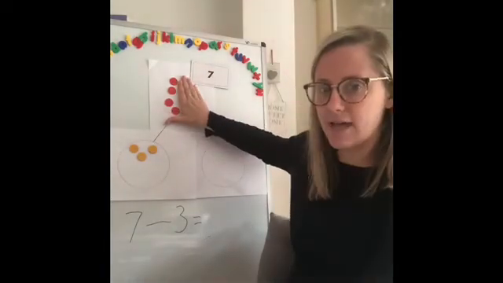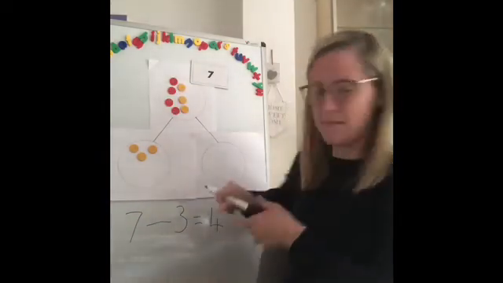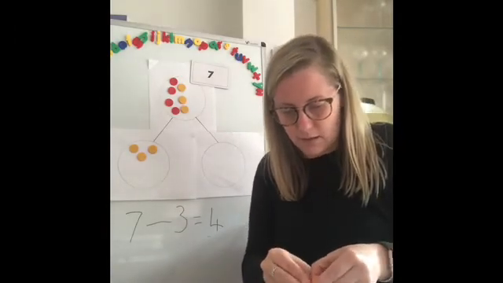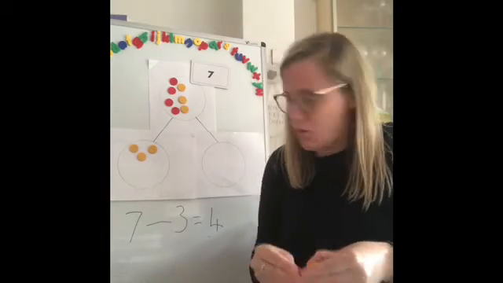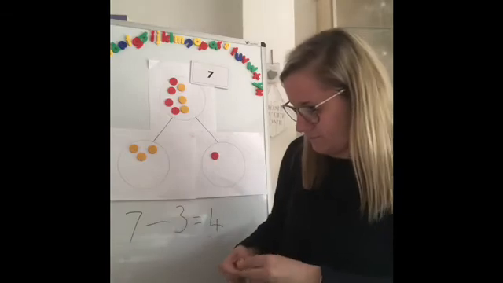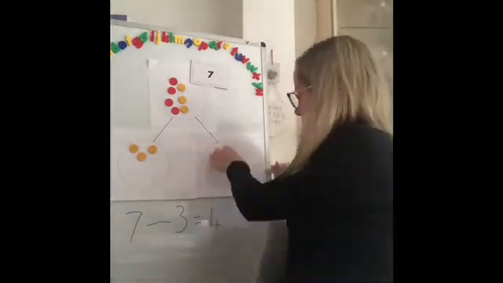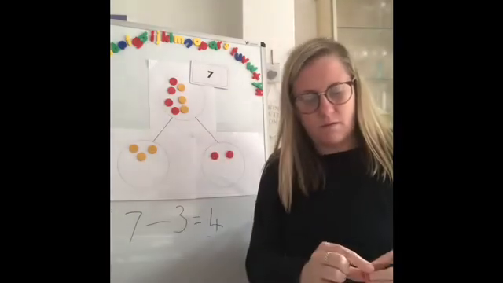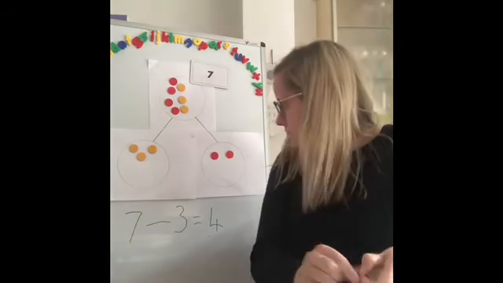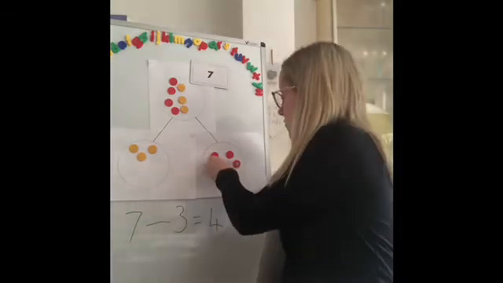How many do we have left? We've got 1, 2, 3, 4. So 4 is the answer. Our missing part is 4. So I'm now going to just pop, oh God, they're all stuck together. Pop 4 in here again. 1, 2, 3, 4.